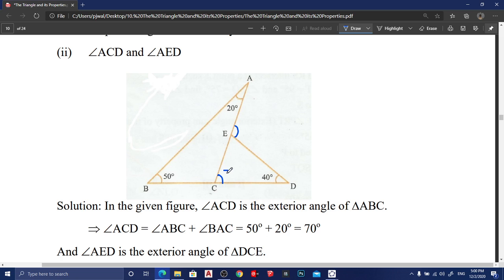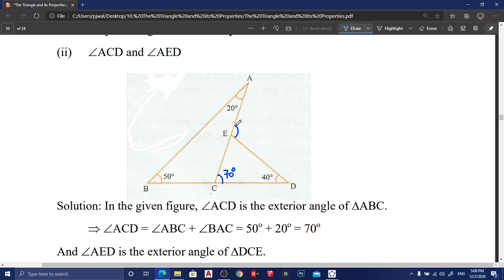Now if you take this triangle DCE, first rotate your textbook to the left side and observe, keeping vertex D on the upper side and EC as the base. Now this becomes the exterior angle of this triangle, and these two become the opposite interior angles of this exterior angle.